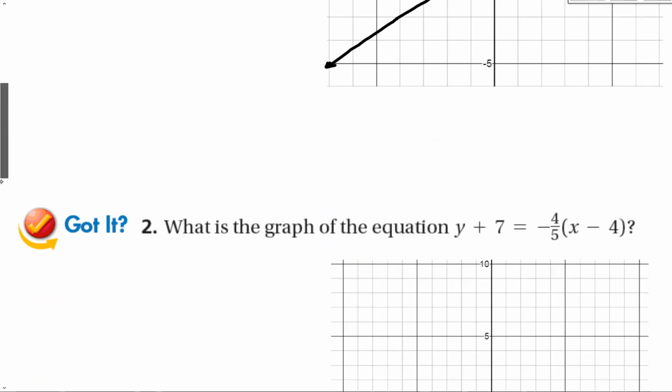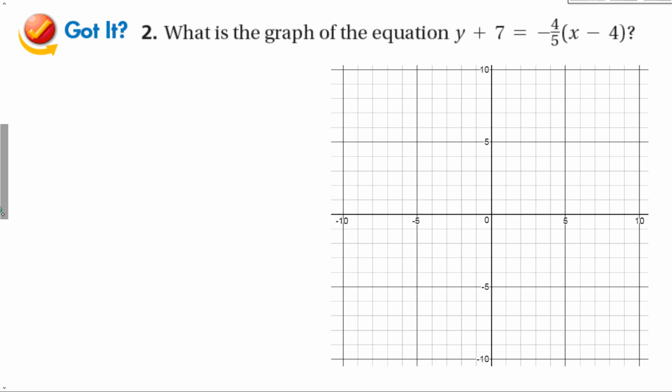Let's look at a got it problem. What is the graph of the equation y plus 7 is equal to negative 4/5 times x minus 4? Now I could go through the trouble of changing this to slope-intercept form if I wanted to, which I don't because it looks like too much trouble, and I'm going to get a fraction. So I'm going to stick with the same method.